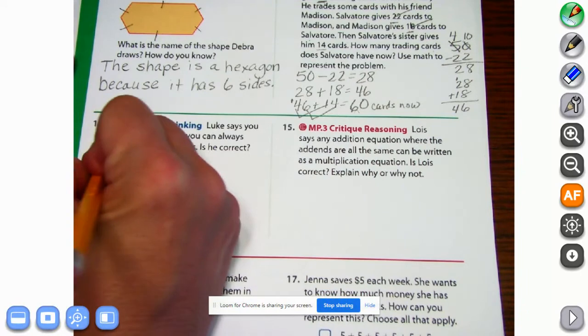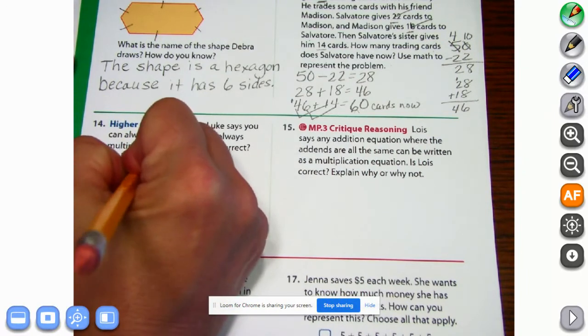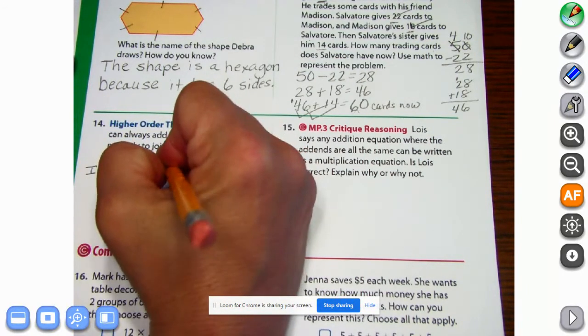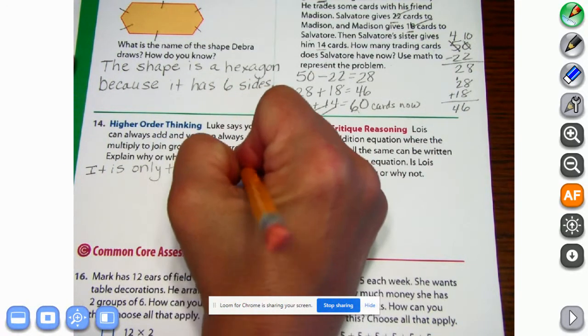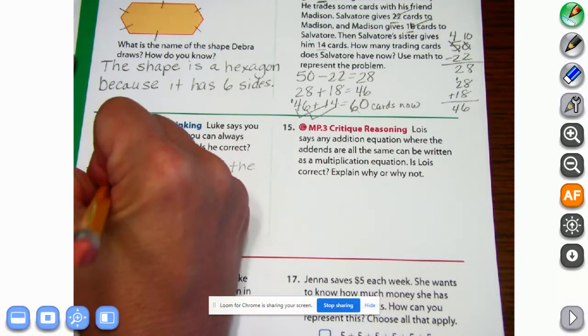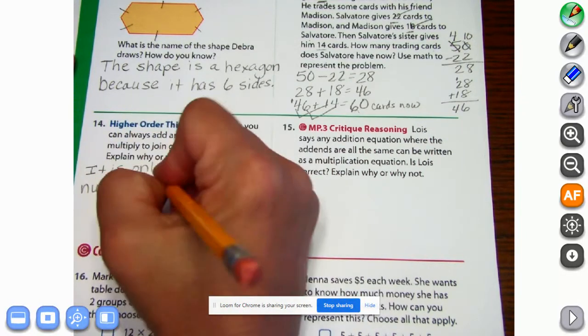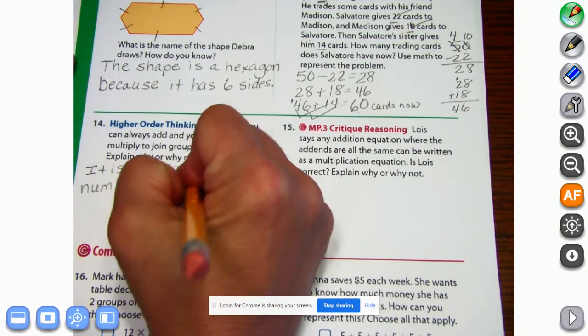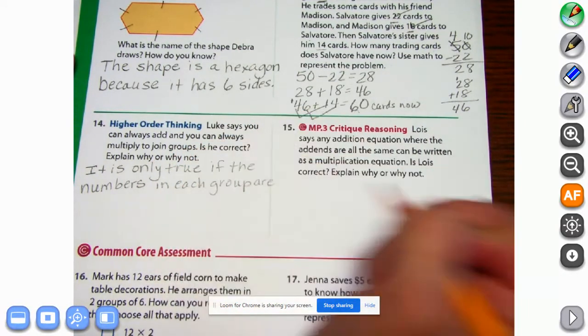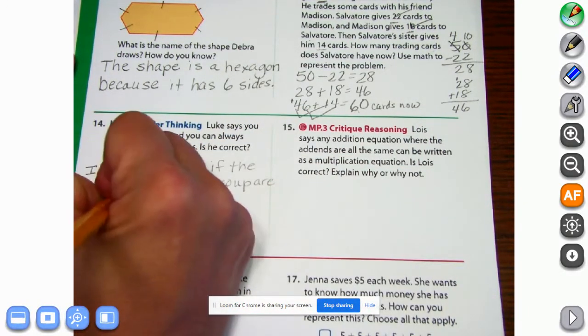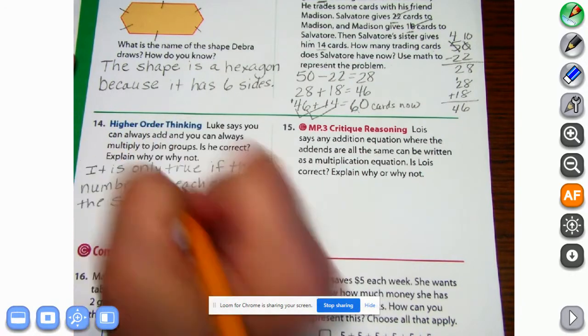It is only true if the numbers in each group are the same, right?